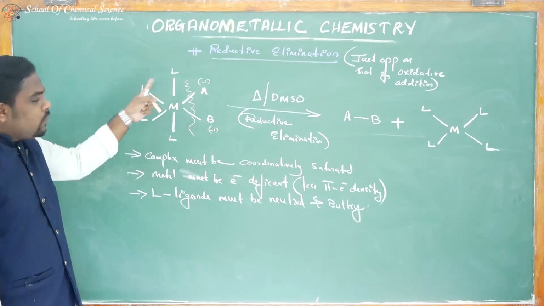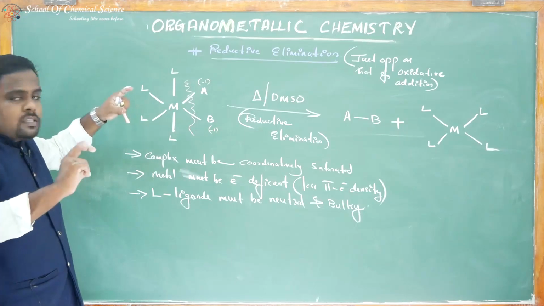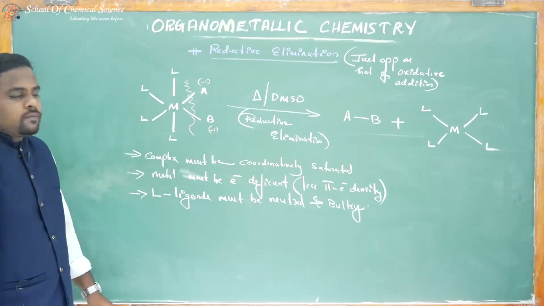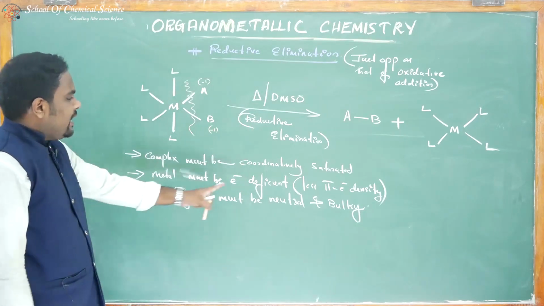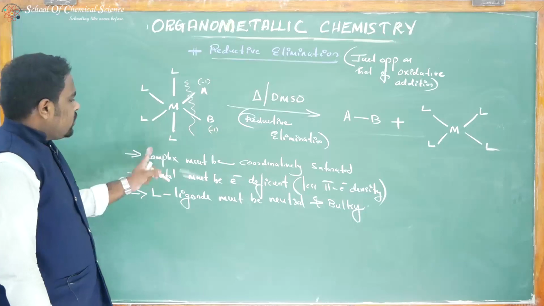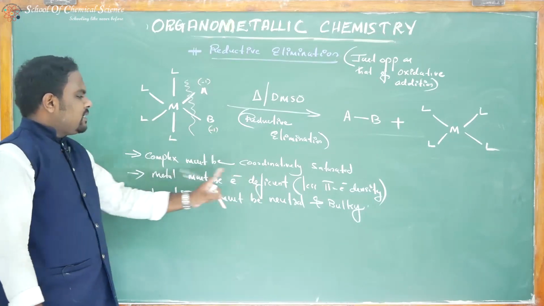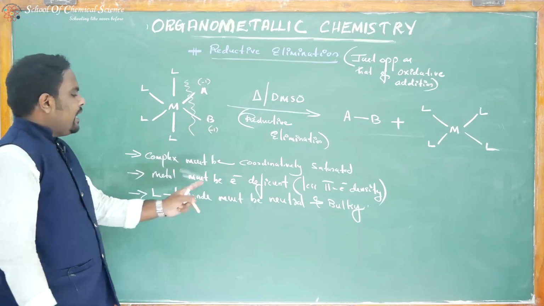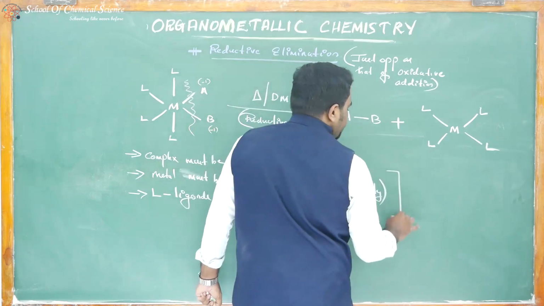If the bulkiness of these auxiliary ligands increases, what happens? A and B will be eliminated immediately. So the complex must be coordinatively saturated, the metal must be electron deficient, and the L ligands must be neutral and bulky.